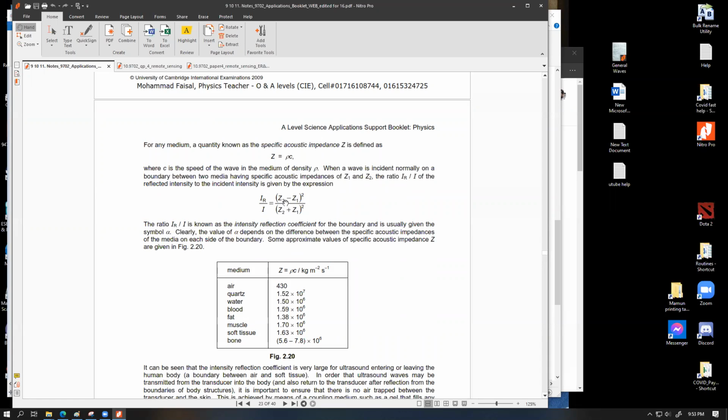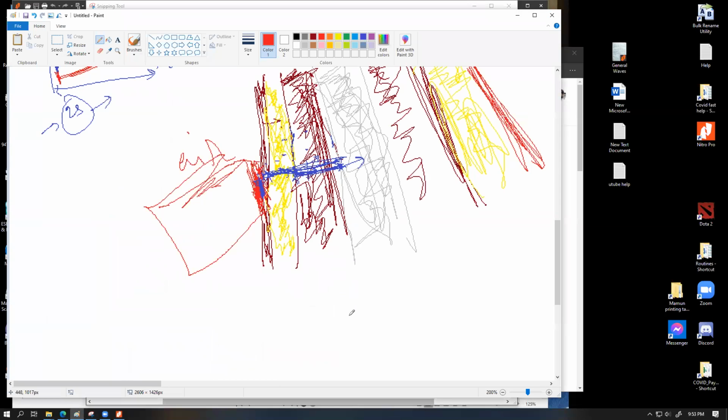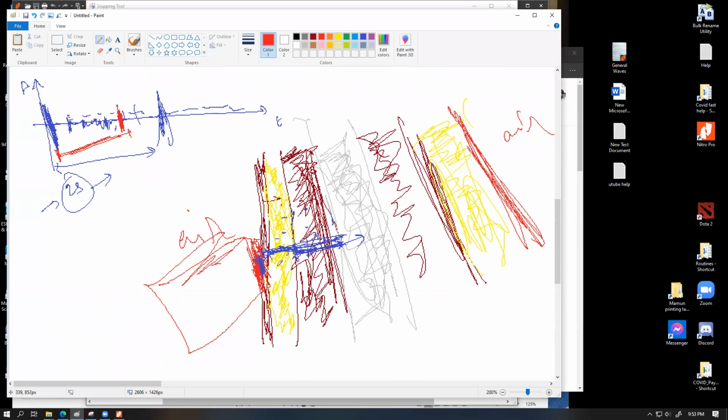This is why we prefer to avoid air for an ultrasound scan. So what I want to mean is that if we are trying to scan over here, the way the ultrasound scan works, we prefer to avoid air.